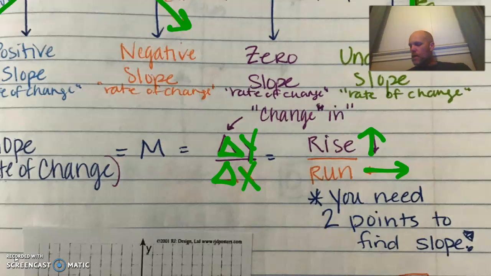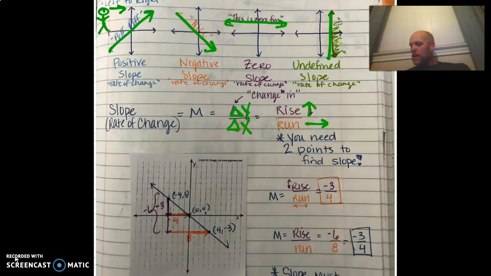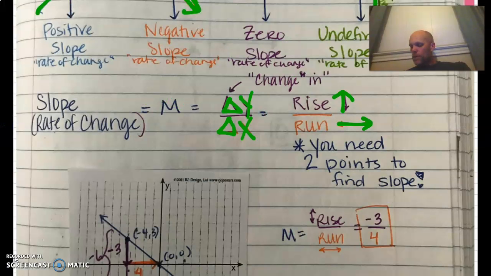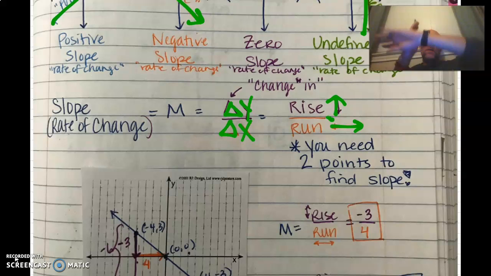I have gum and beef jerky in my mouth right now. You have to have 2 points to find slope, and I've talked about that many times in class. Those 2 points are always going to end up perfectly where the vertical and the horizontal lines intersect.